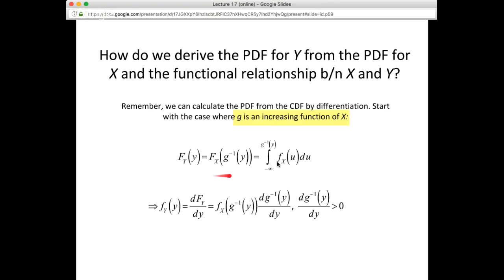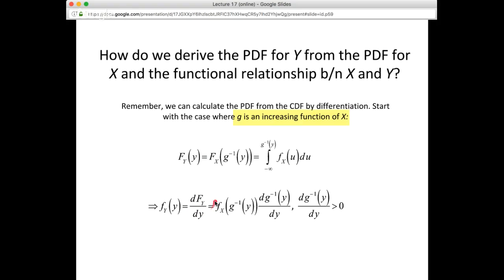So here's the trick. To recover the relationship between the PDF for y and the PDF for x, we take the derivative of both sides of this equation with respect to y. We know by definition that the PDF for the random variable y is the derivative with respect to y of the CDF for y.